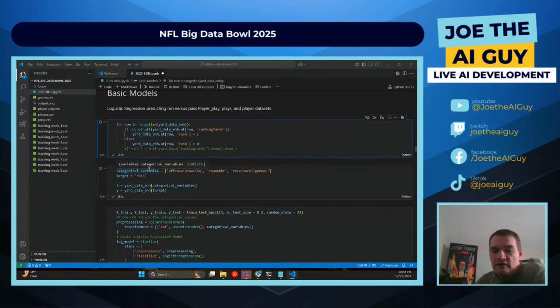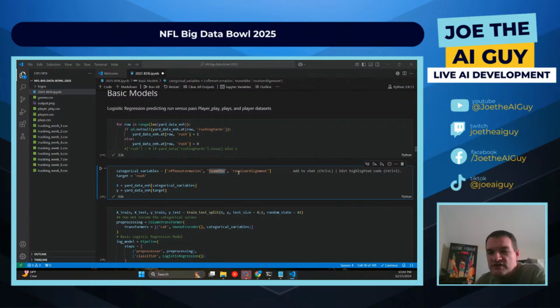And then for the very first versions of the models, we used only 3 fields in terms of actually making the prediction. So we had the offensive formation here, the team that it was, and the receiver alignment on a given play. Now, a lot of times these are very much linked to one another in terms of offensive formation and receiver alignment. You can think like the single back field. There are slight variations.